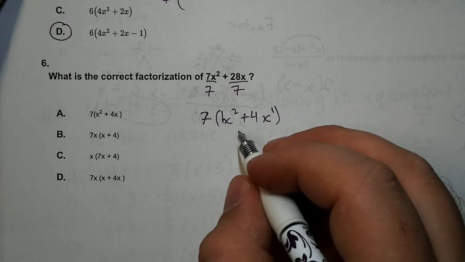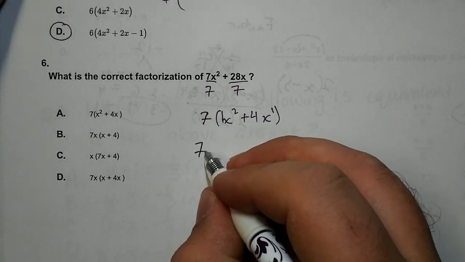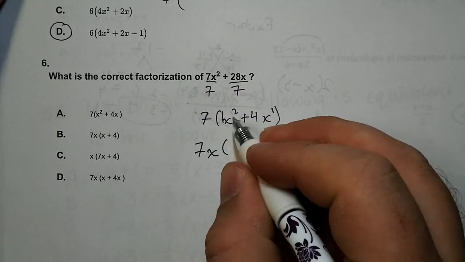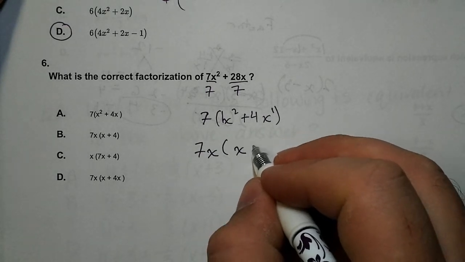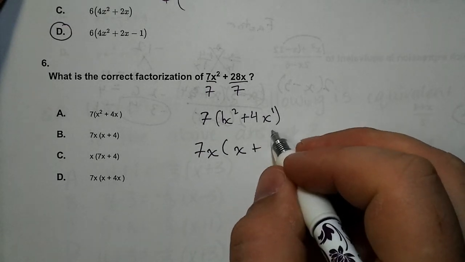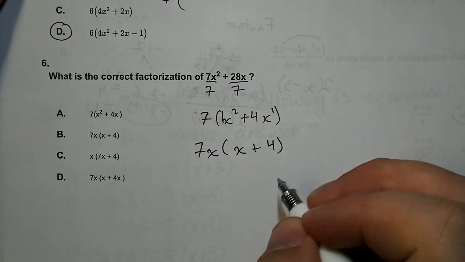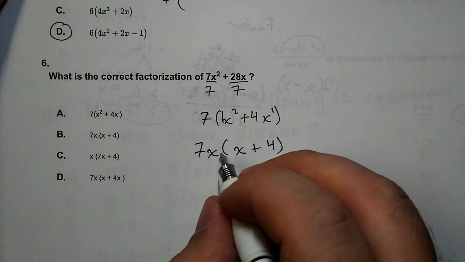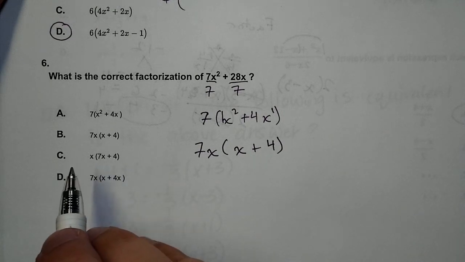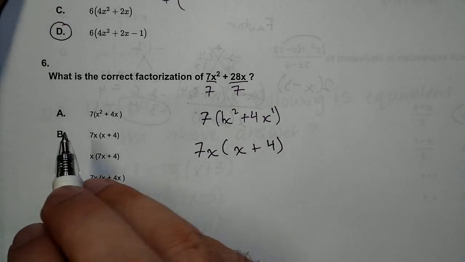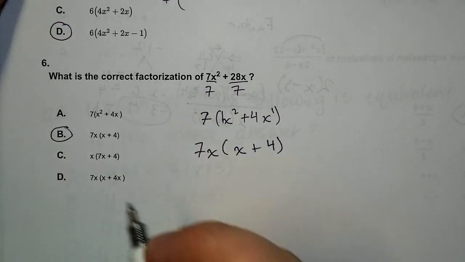So I'll divide out 1x from both. So 7x, x squared, so there's going to be 1x left over. And 1x, I took it out, so just a 4 left over. So 7x times x plus 4 matches up with letter B.